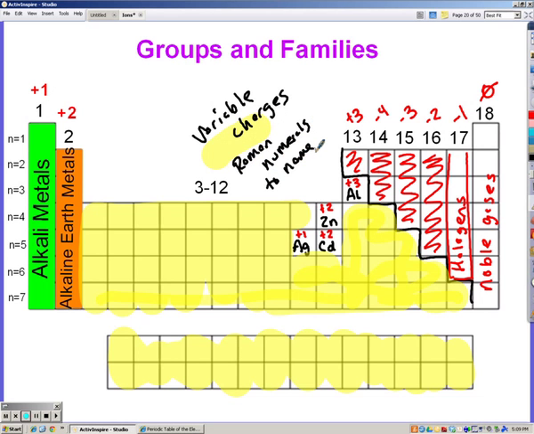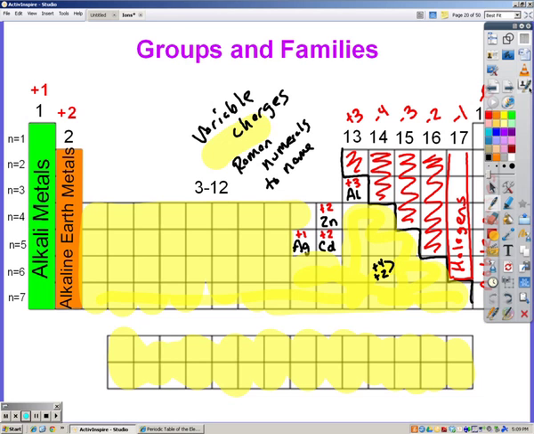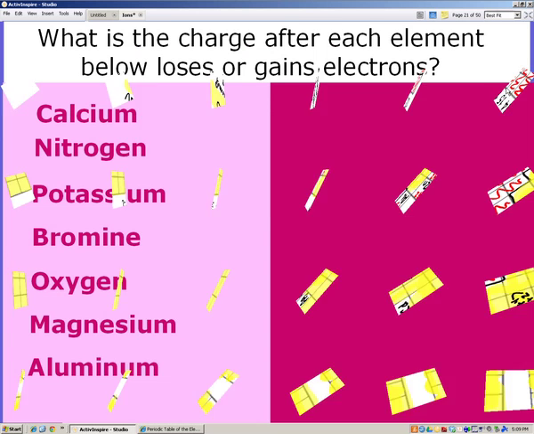Just an example, lead can be a +2 or a +4. So that's why we need Roman numerals to distinguish if it's the +2 or +4 ion.